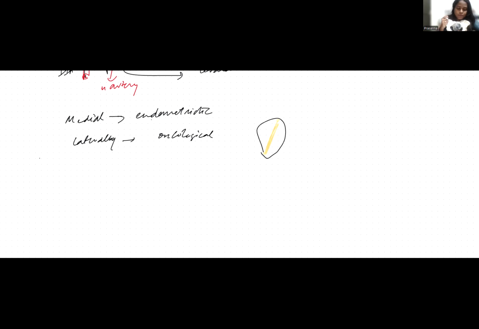What is the importance of this? While entering the pararectal space, if you feel any bleeding, you can find the ureter by its peristalsis and lift the ureter. If you lift the ureter and the bleeding stops, the bleeding is from the uterine artery. If you lift the ureter and the bleeding does not stop, the bleeding is from the uterine vein.